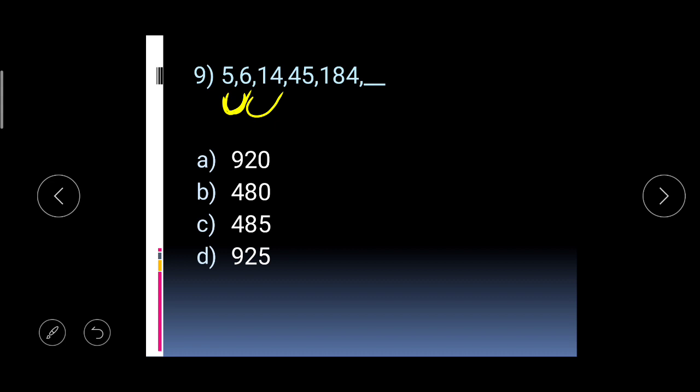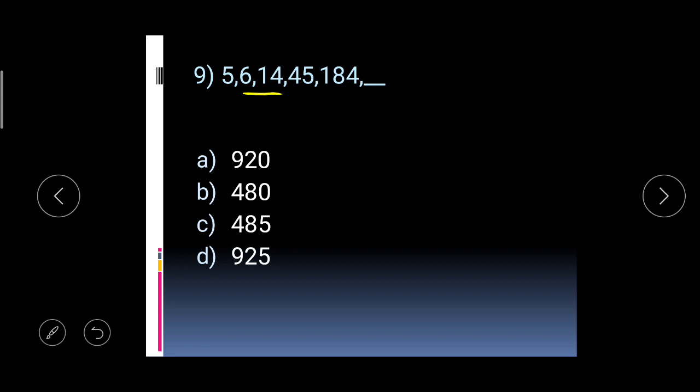Then 45 to 14, then 140, but we cannot find any pattern. But can we see that 6 converted into 14? See, we cannot make out any pattern between 5 and 6, but we can start with 6 and 14, right?